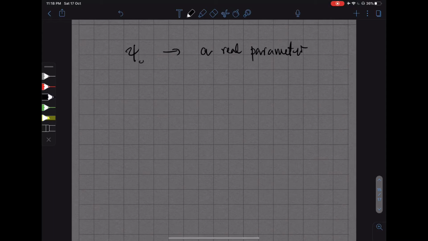Then psi naught is our initial state of the system. The state of the system after the transformation, denoted by a, so psi a, will be given by some unitary operator U which depends on a acting on psi 0.